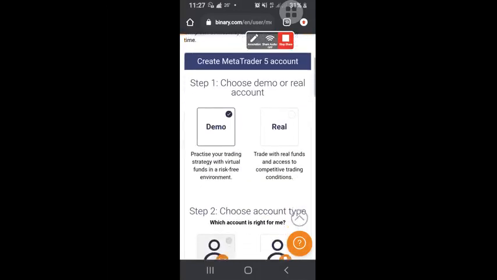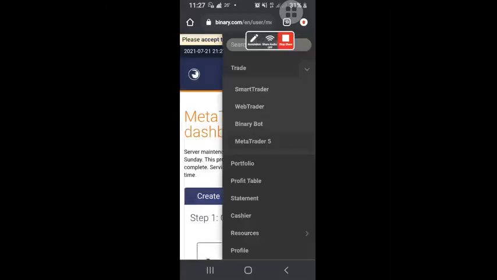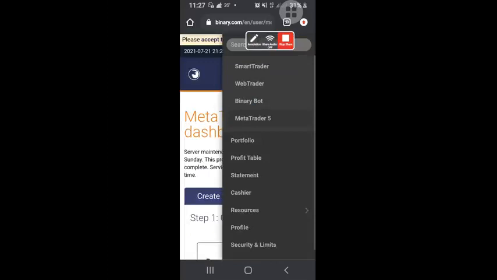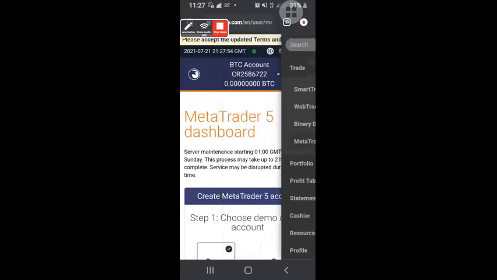No, go back. I want us to go to the main page. So still on MetaTrader 5, just click on the logo, the Deriv logo there. No, just leave here and click on the Deriv logo.